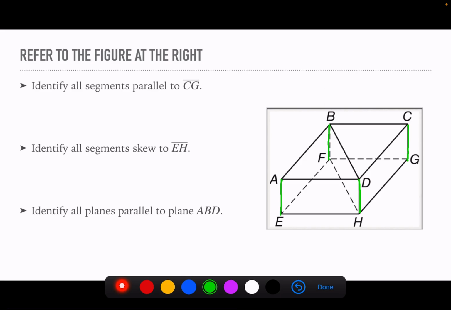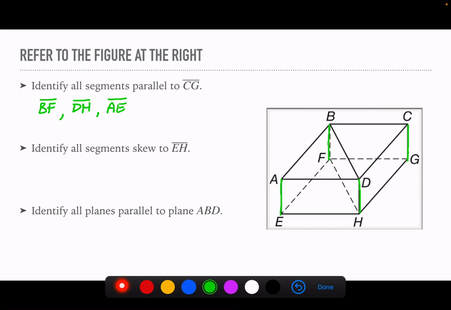These four lines are parallel. The rest of the lines are not. And we can see that easily, but understand that some of them are also not on the same plane. So in this case, we would say segment BF and segment DH and segment AE are all parallel to CG.